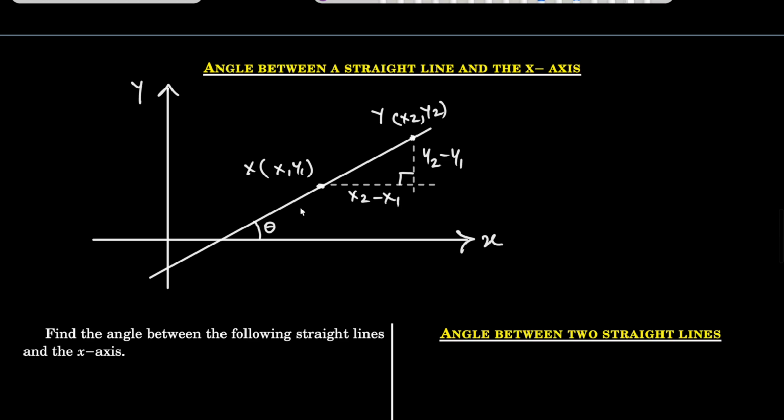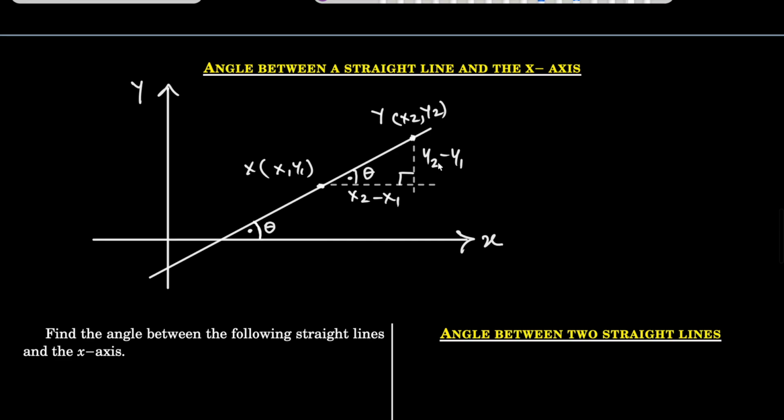Now, I want to bring to your attention that the dotted line that I have drawn here is parallel to the x-axis. So if it is parallel to the x-axis, it means that the angle this line makes with the x-axis is going to be a corresponding angle with the angle that you have here. Which means that what you have right here is the same as what you have right there.